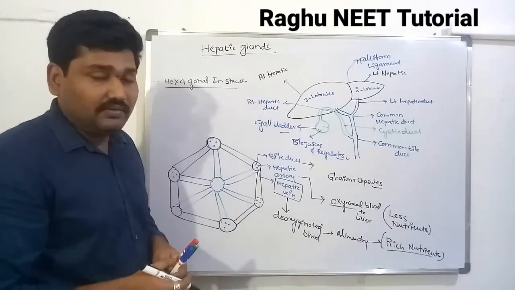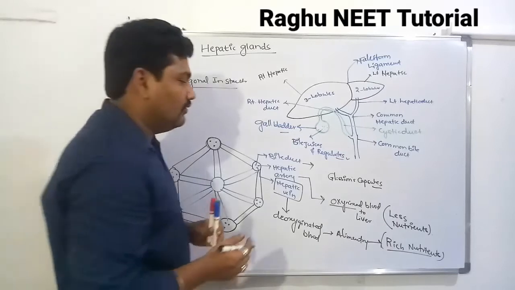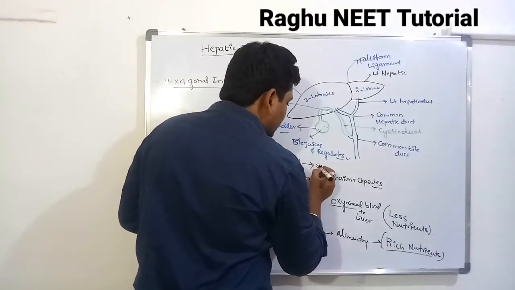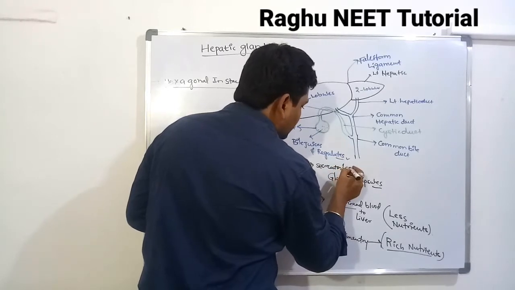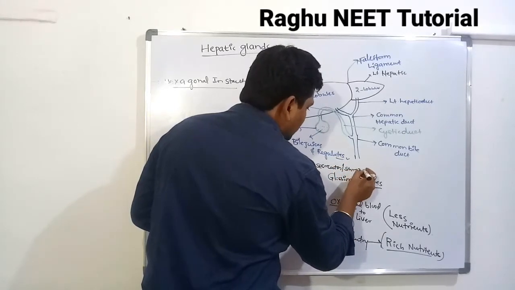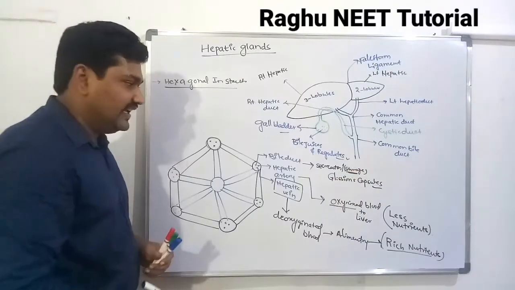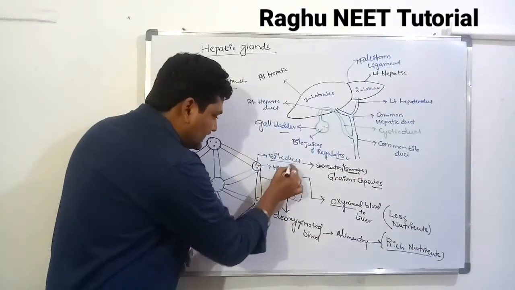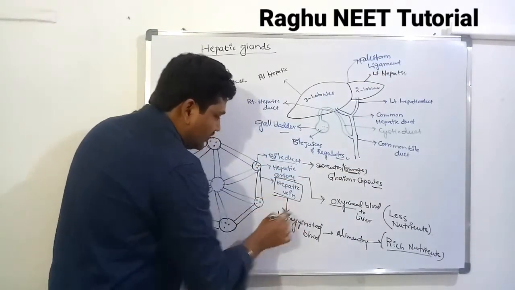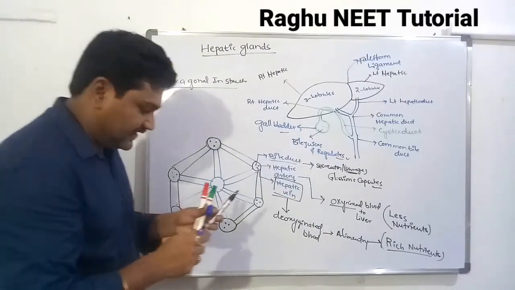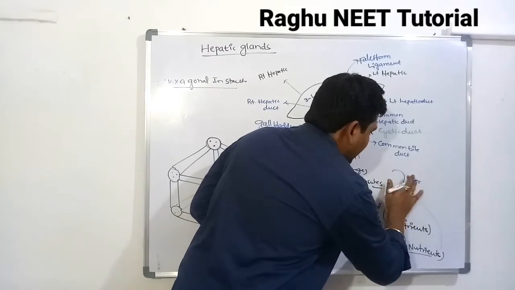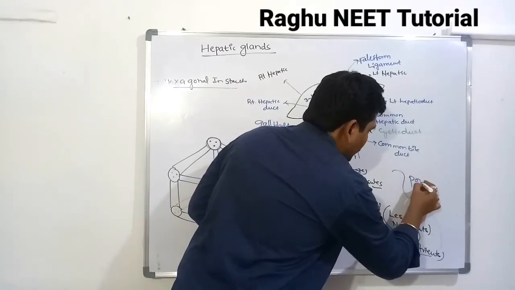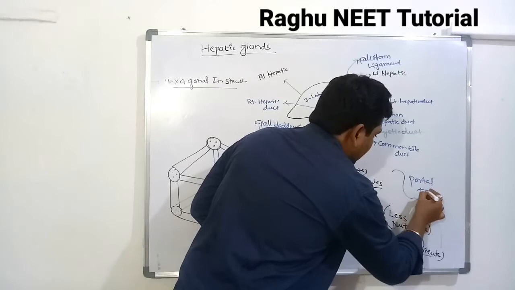The bile duct handles the storage and secretion of bile. These three, the bile duct, hepatic artery and portal vein, are called the portal triad.